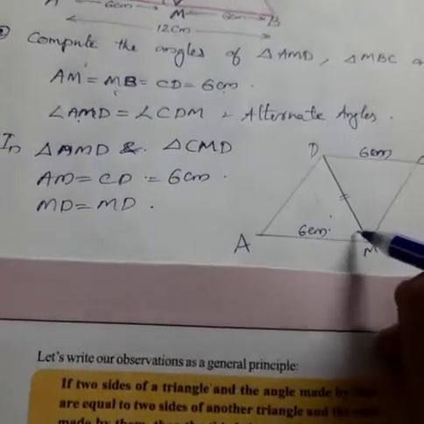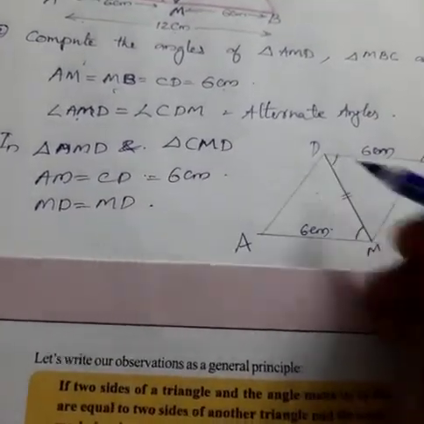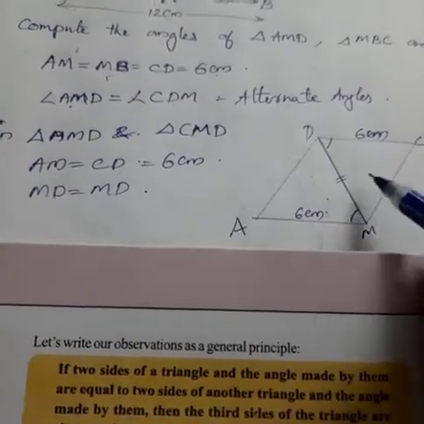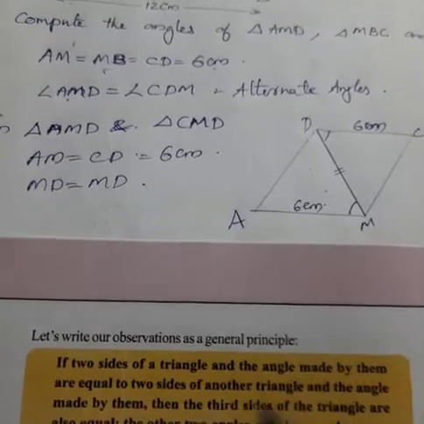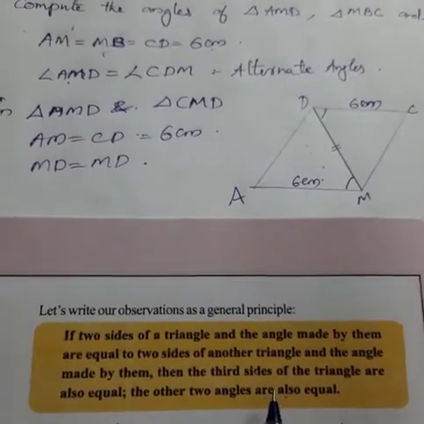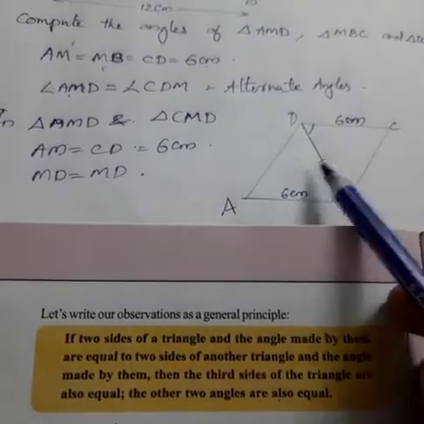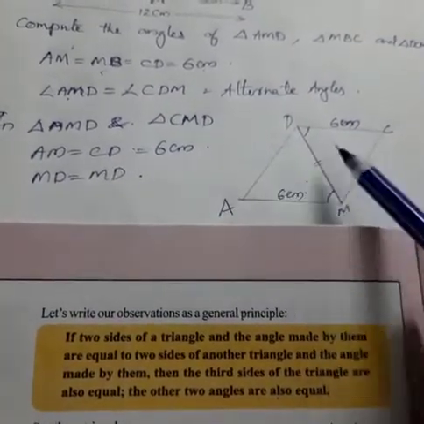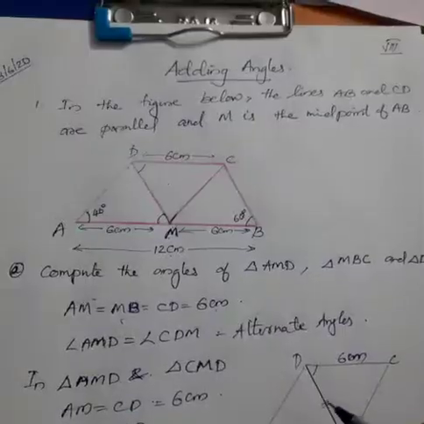Which are the alternate angles? Here these two. So two sides and one angle are equal, so the third side and the other two angles are also equal.